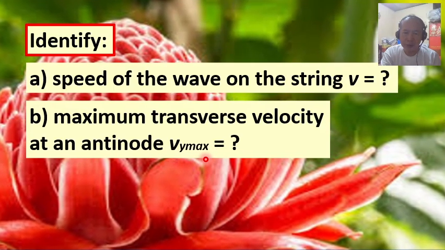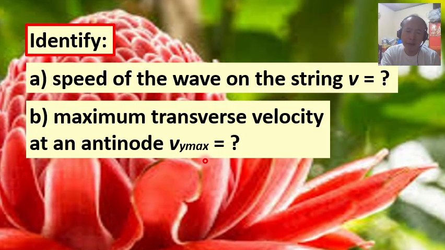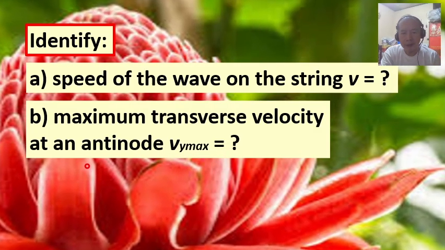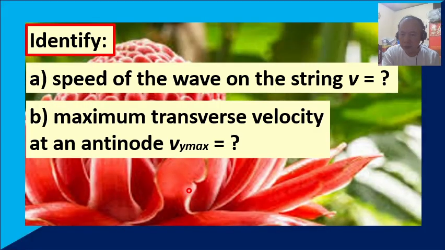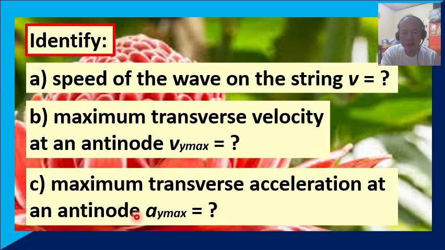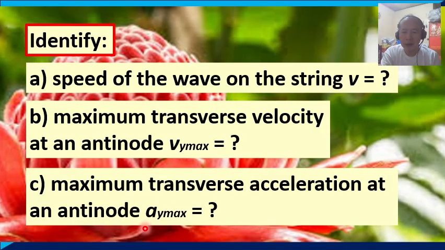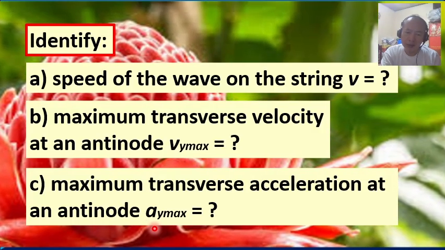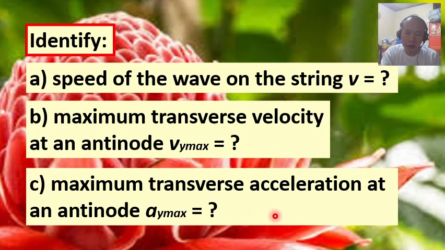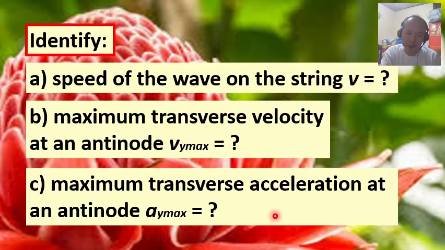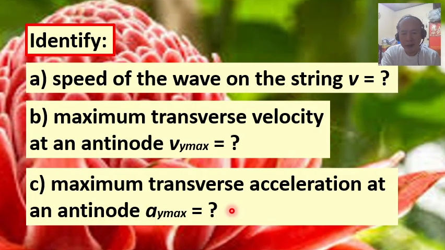It is understood that the transverse velocity of a particle is maximum at the antinode. And in part C, the maximum transverse acceleration, a sub y max, and maximum transverse acceleration is also at an antinode.